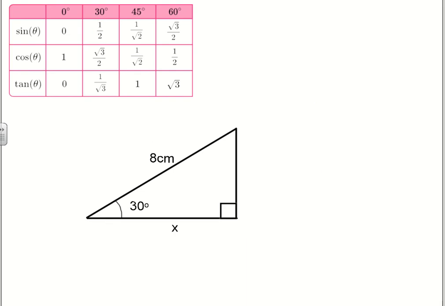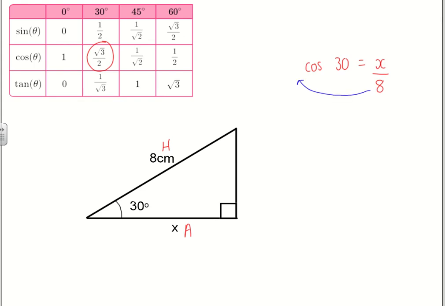If we look at the next one, still 30 degrees. This time in my question, I've got h and a, so this is a cos question. And cos 30 is root 3 over 2. So we've got cos 30 equals a over h, so that's x over 8. Bit like last time then, we need to multiply by 8 on the left.